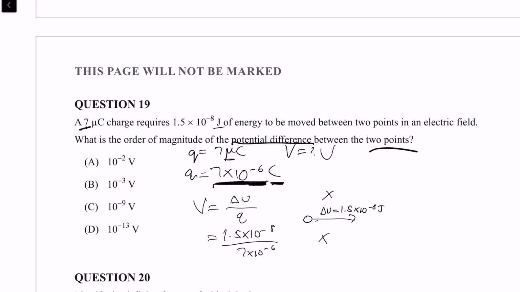Actually no, it's not going to be D, my bad, because we're minusing a negative, so it's going to be around -2, -3. But we get an answer of 2.14 times 10 to negative 3. All that matters is that this 10 to negative 3 value is what I really need.